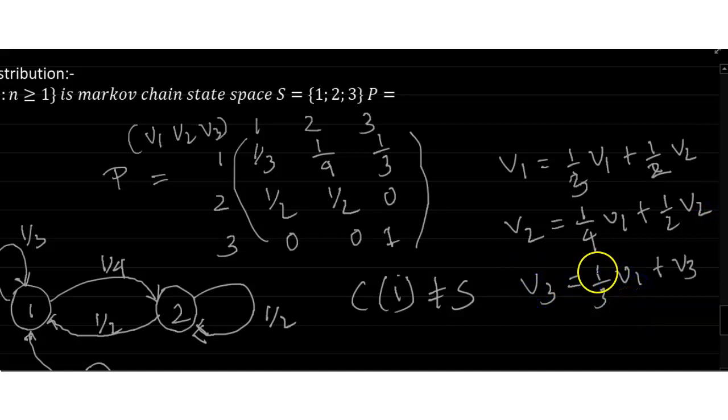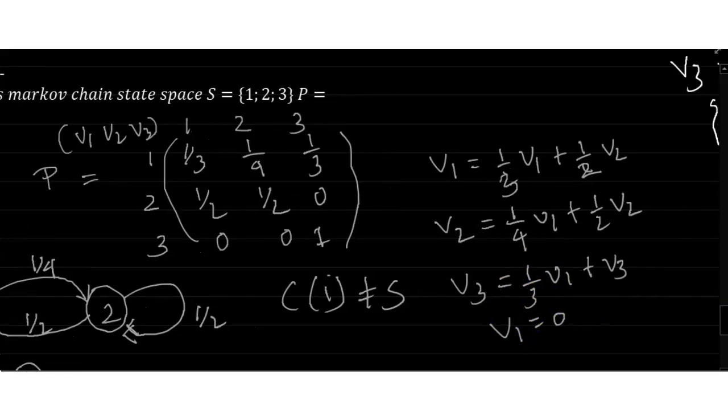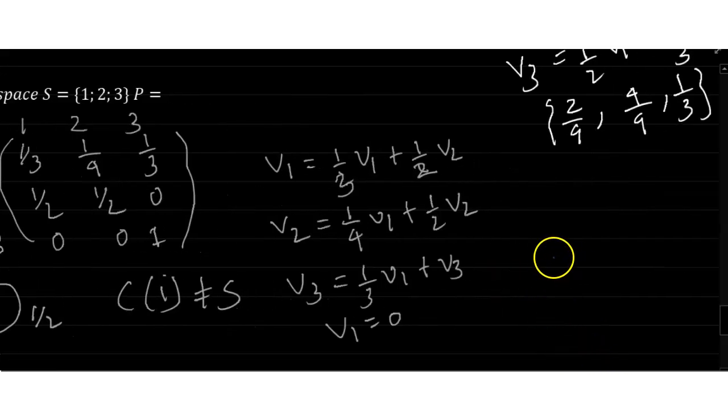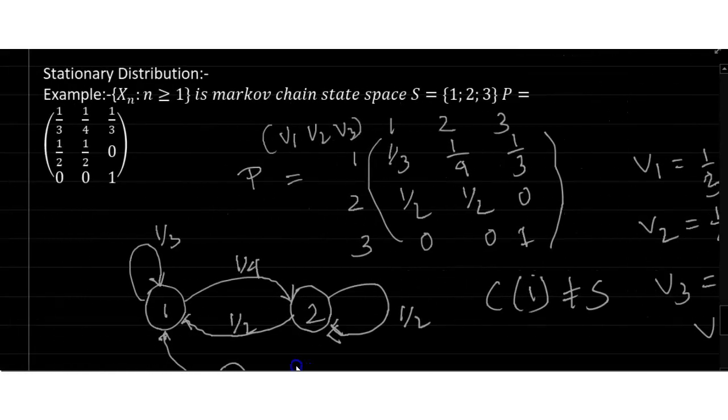In this way we get V1 equals 0, and we get the value of this 0, 0, 1, V1, V2, V3.